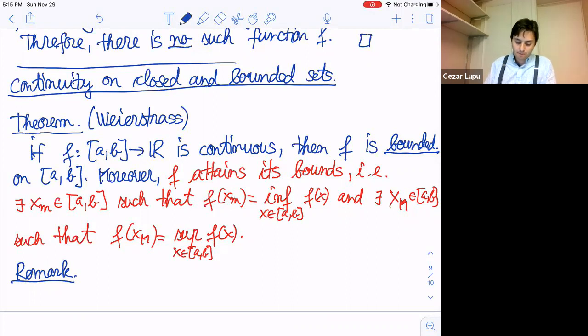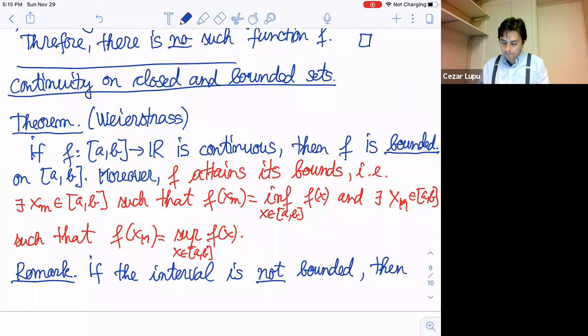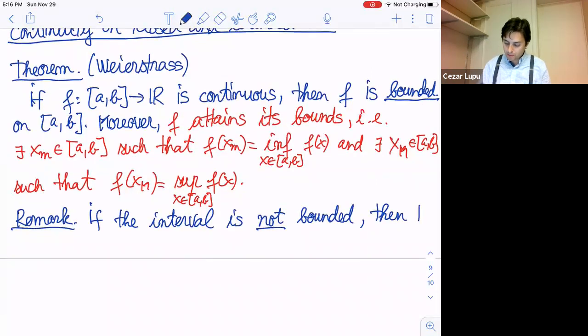But now I would like to point out something here: the interval must be bounded, because it's very important. If the interval is not bounded, then the theorem is not valid anymore.